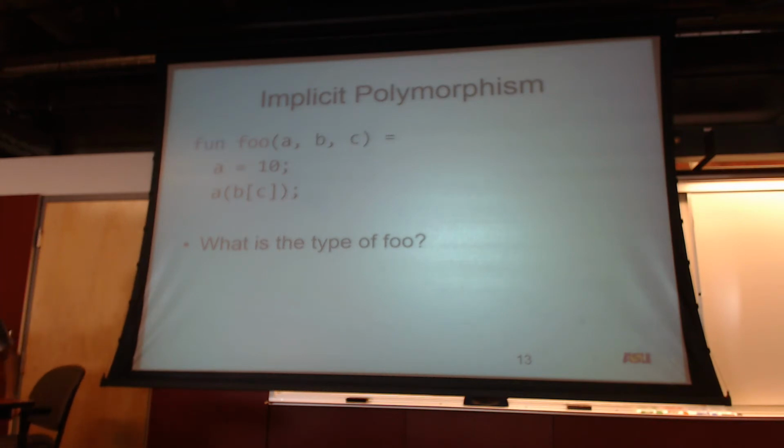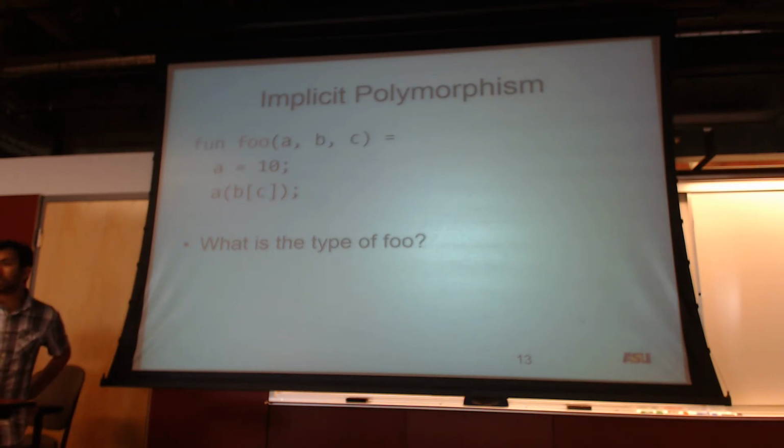So by looking at this, what should be the type of C? C has to be int because C is an index to the array. What is the type of B? Array of T. What is the type of A? Why? Because it's a function that takes an array of T.